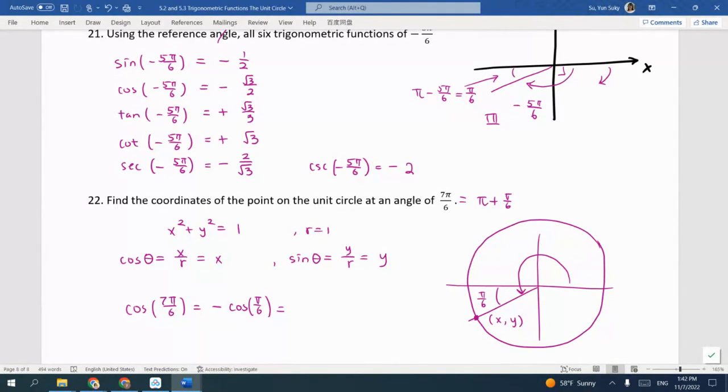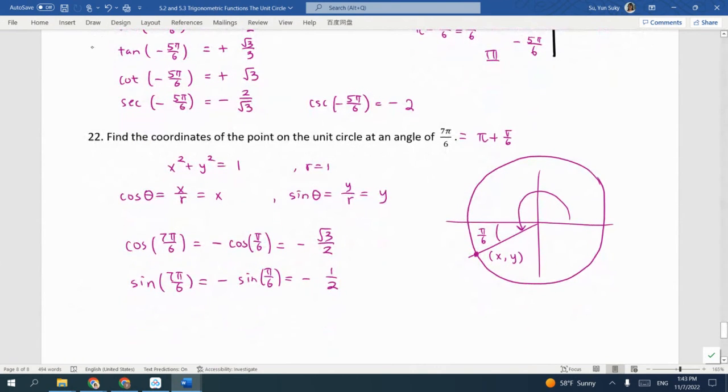When you add or subtract multiples of 2 pi, you have the same angle. So this cosine value is negative cosine of pi over 6, which is negative root 3 over 2. And the sine of 7 pi over 6 is negative sine of pi over 6, which is negative 1/2, from the table of those common angle values.